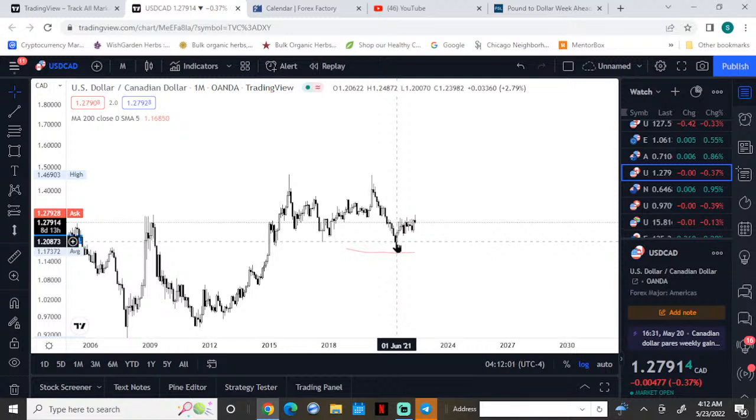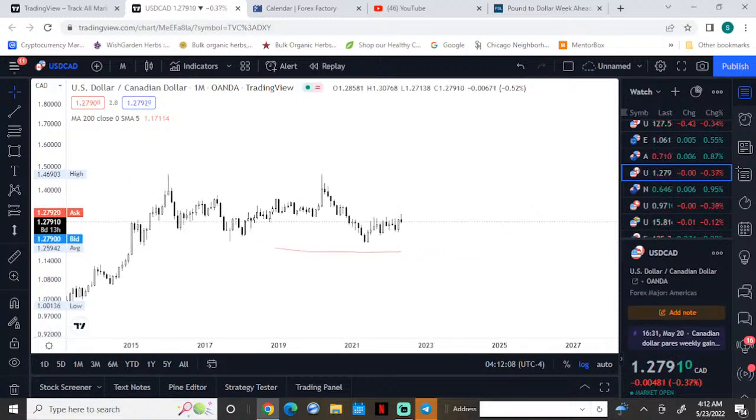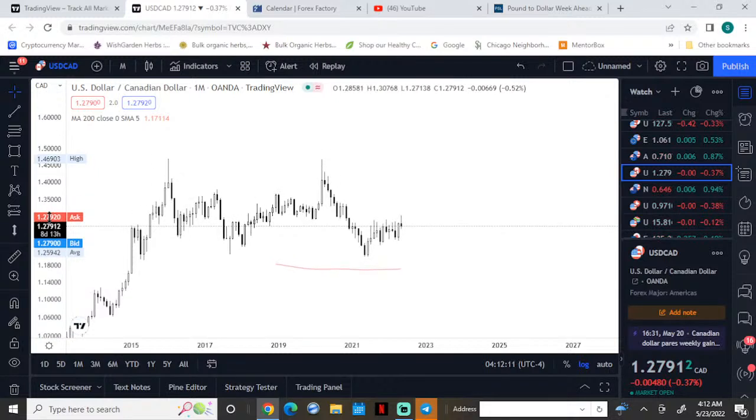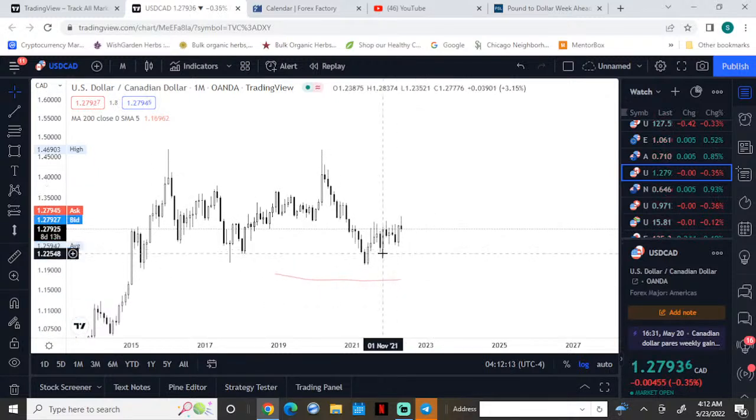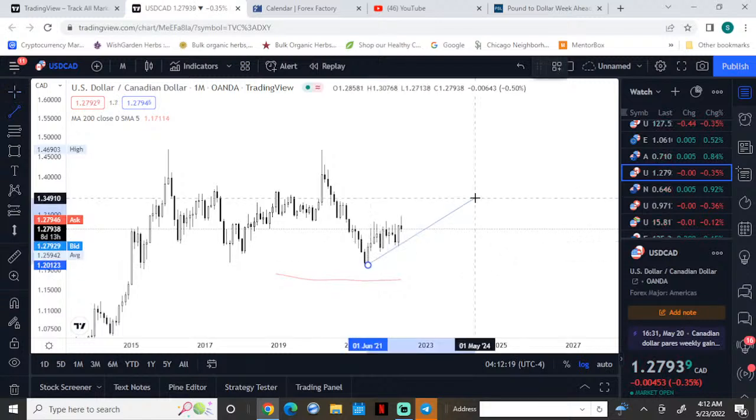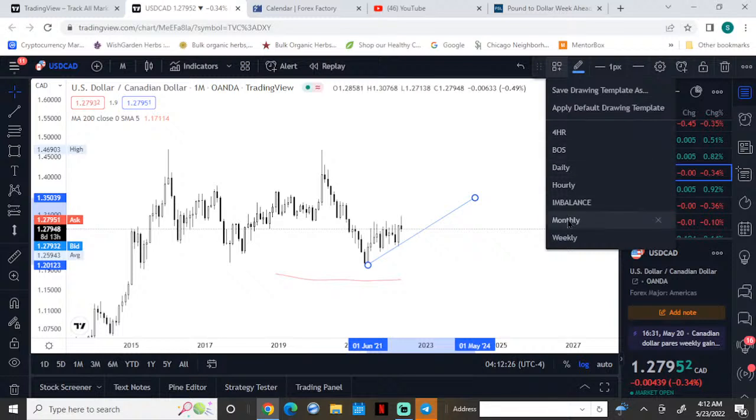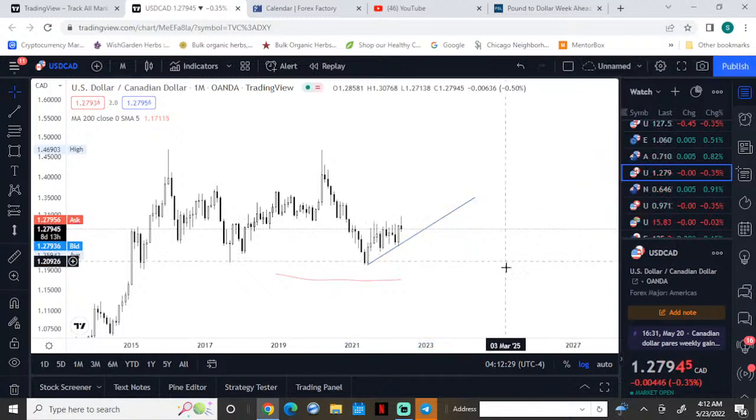All right, we are currently near June 2021 lows. Trying to see. That's a nice trend line. That is a monthly trend line right there. Okay. And I am going to mark December 21 lows for my low.